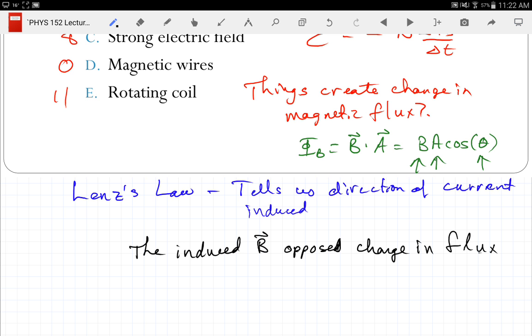It's going to make a magnetic field to try to keep it the same. So it's going to make a magnetic field that points the same direction to try to keep it from changing. So then, if I pull it away, the current is going the other direction because the magnetic field induces the other direction. So that's Lenz's law. It tells you which direction is going to be positive or which direction current would flow.